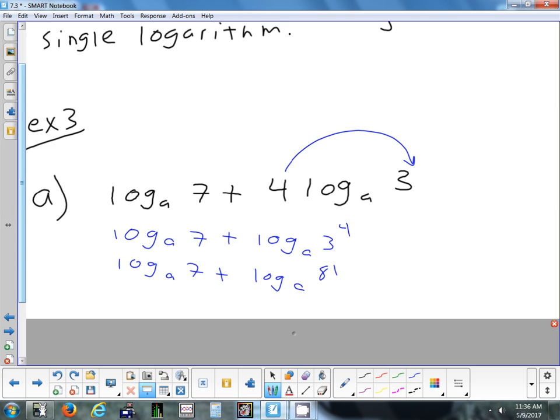It just makes sense to do out that arithmetic so you don't have to keep that 3 to the 4th hanging around. And now the last step, we've got two logs with a plus sign between them. What does that mean the 7 and the 81 must have been originally if they split apart as addition? How were they originally? Yeah, they must have been multiplication. What would be the base when I recombine it into a single log?